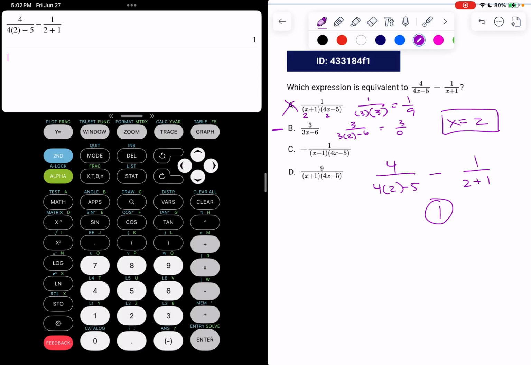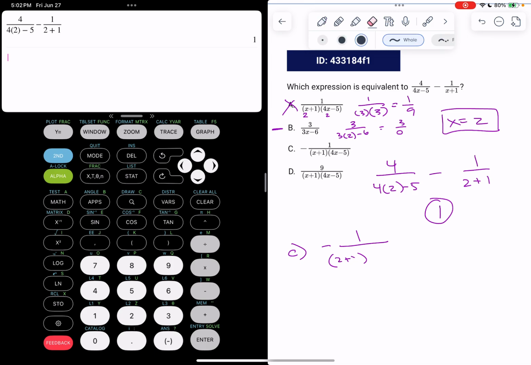Okay. C, I'm going to take it down here to give us a little more room. C is negative 1 over, that's 2 plus 1, 2 plus 1, times 4 times 2 minus 5. Okay, let's see what that is. I'm going to punch that into my calculator. It's negative, though, so I'm suspicious about this already.